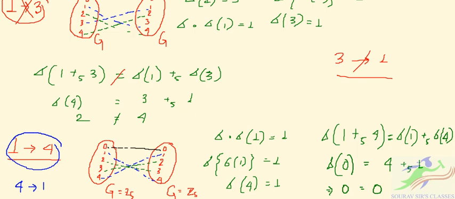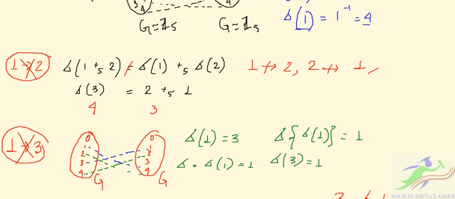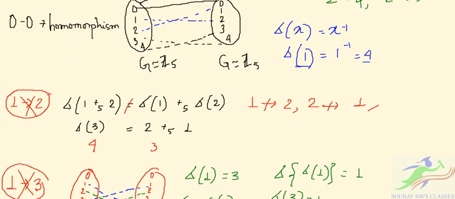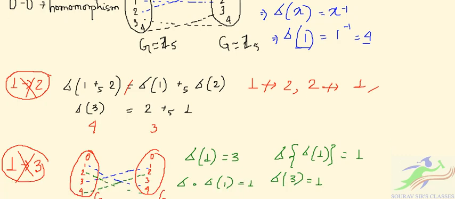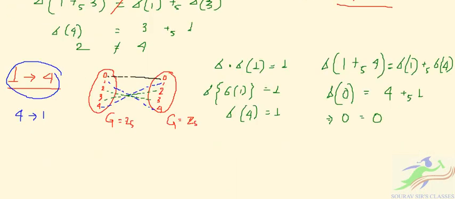So we already made this assumption, this is the first, so this is what we get, that phi x is equal to x inverse, so phi of 1 is 1 inverse, which will be 4, right? So we can write in this manner, so in our case 1 is mapping to 4, 4 is mapping to 1, similarly 2 will go to 3, and 3 will map to 2, right?